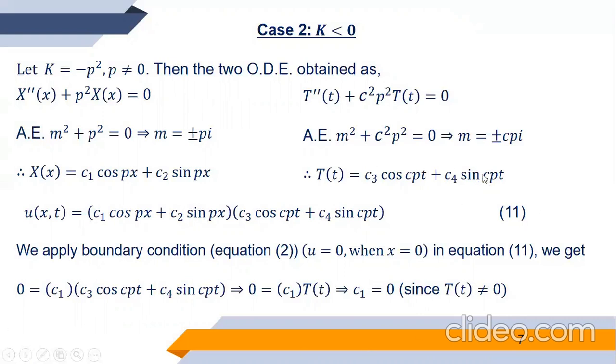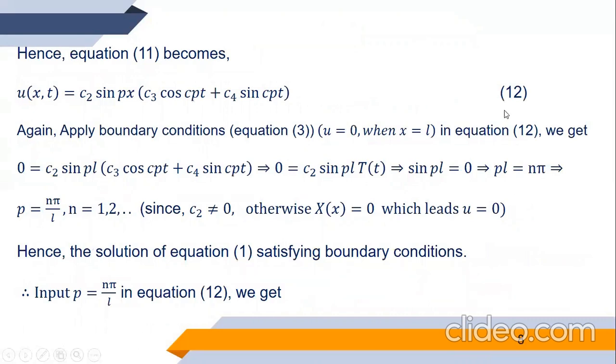Now in equation 11, we apply the boundary condition equation 2, then we get constant c1 is equal to 0. So we input c1 equal to 0 in equation 11, then we get equation number 12.